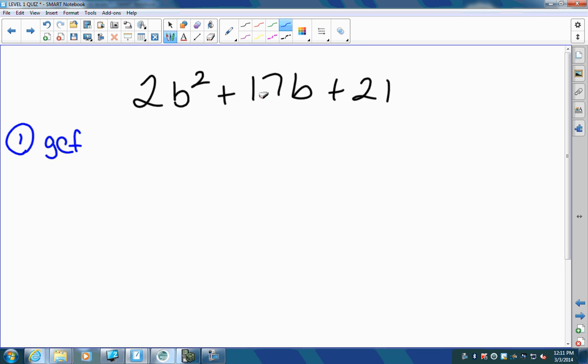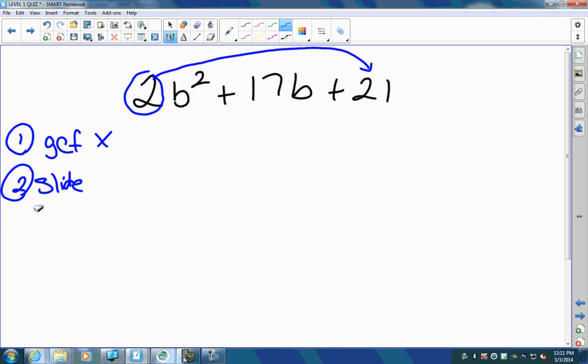Does 2 go into 17? No. So there's no GCF. So step 2 is to slide. There's no GCF because 2 doesn't go into 17 evenly. So I'm going to take the 2, slide it to the back. When you slide it to the back, that means you multiply.